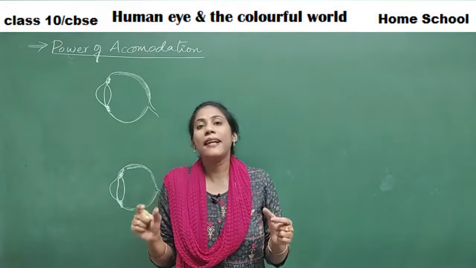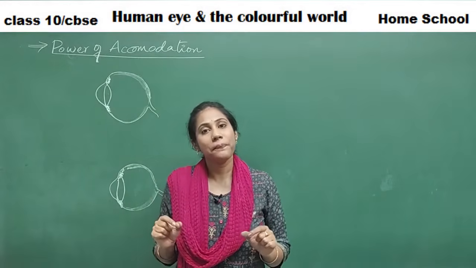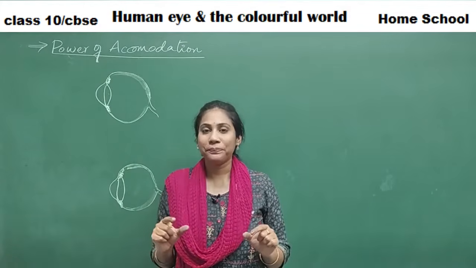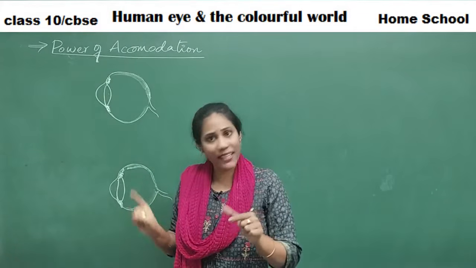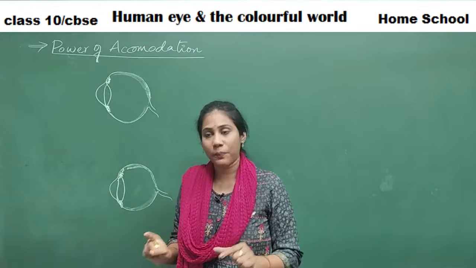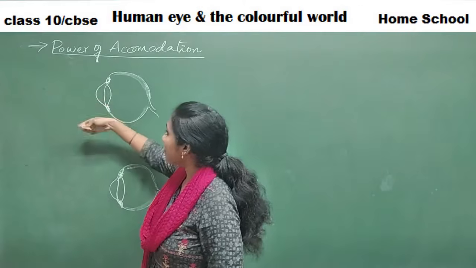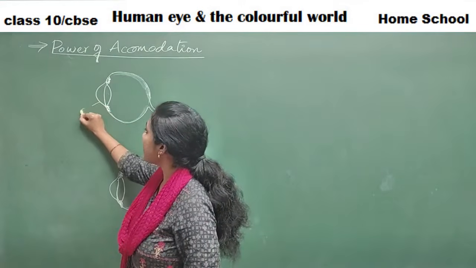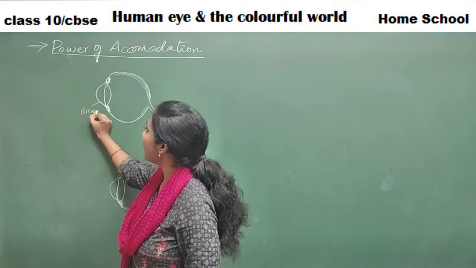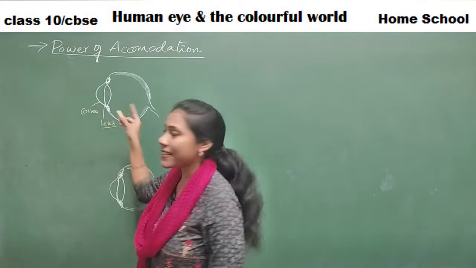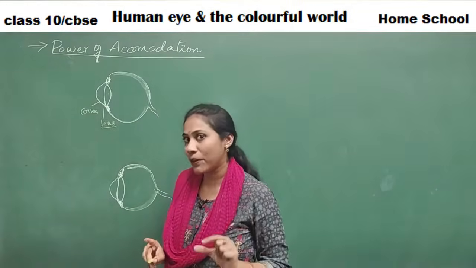So what do you mean by this power of accommodation? Before we understand it, let us try to revise one thing from the previous video. I told you whenever light rays come, this is our cornea, right? And this is our lens, the super lens inside the eye, a convex type of lens.